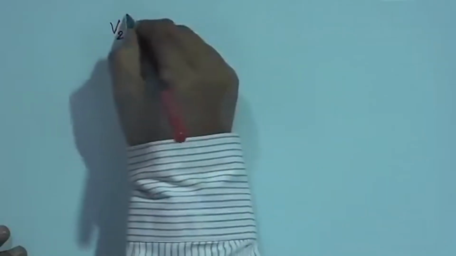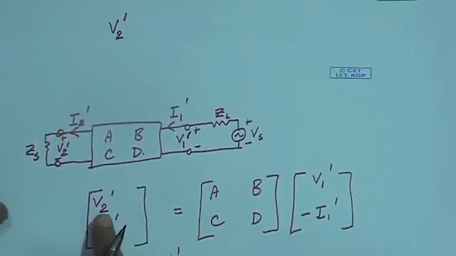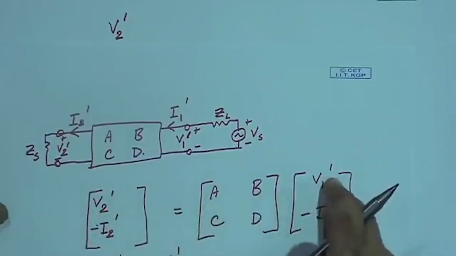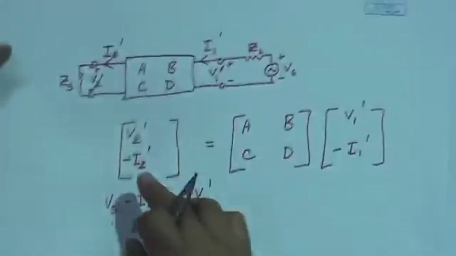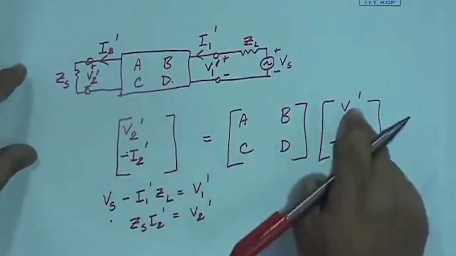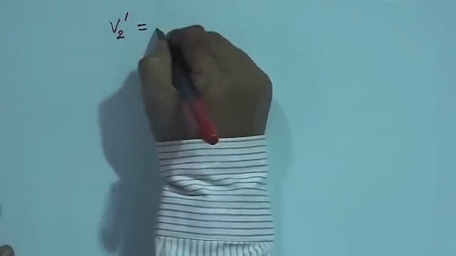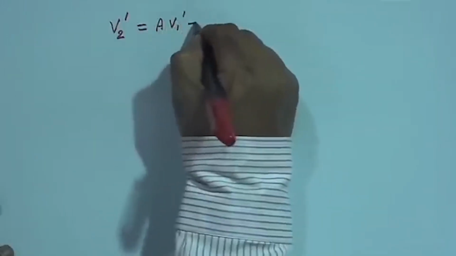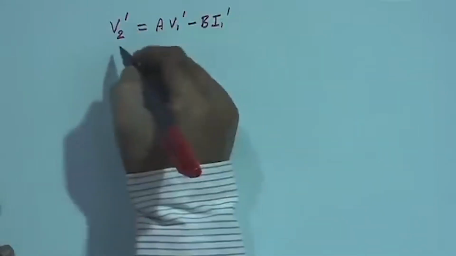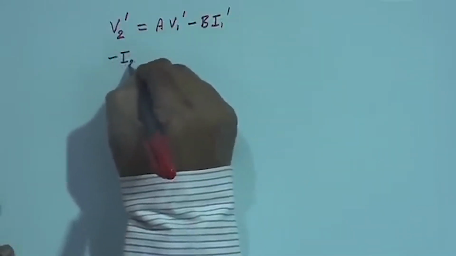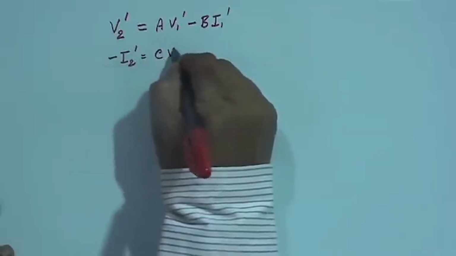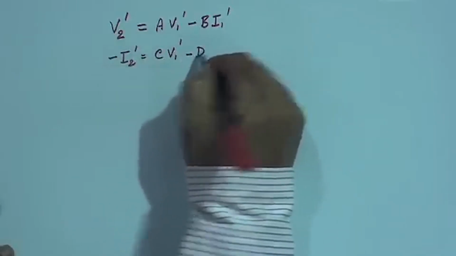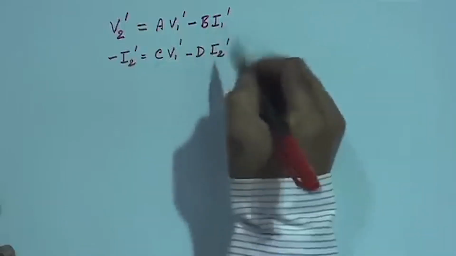And we can, as usual, write the ABCD parameters from this equation. I can write V2 dashed is equal to A V1 dashed minus B I1 dashed, and minus I2 dashed is equal to C V1 dashed minus D I1 dashed.